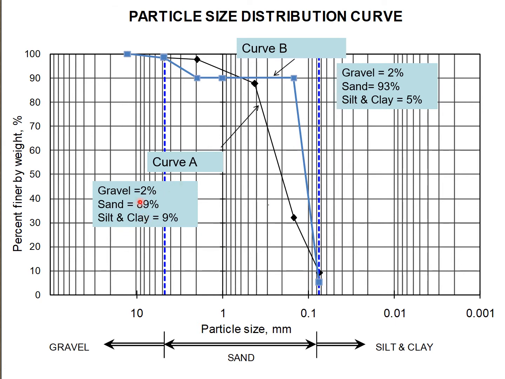In curve A, gravel 2%, sand 89%, and silt and clay 9%. Whereas in the second case, that is the B material, gravel is 2%, sand is 93%, and silt and clay 5%.